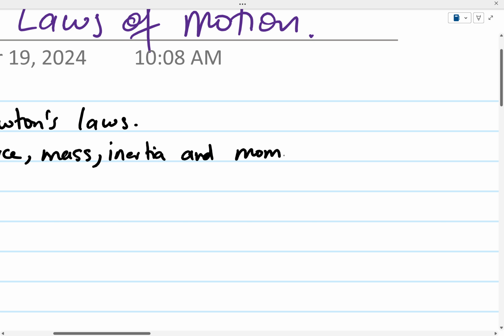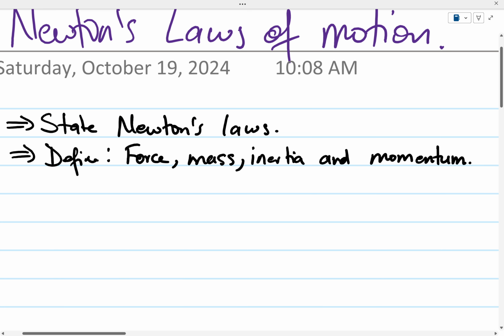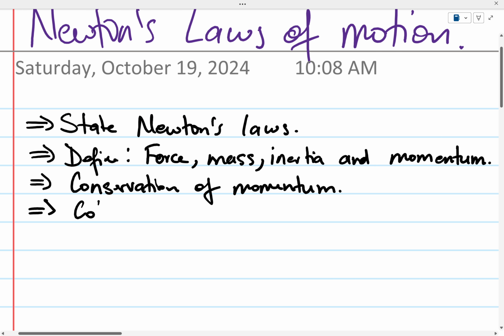What we're going to be looking at especially is the principle of conservation of momentum, and we're also going to have a look at collisions and the different types of collisions.